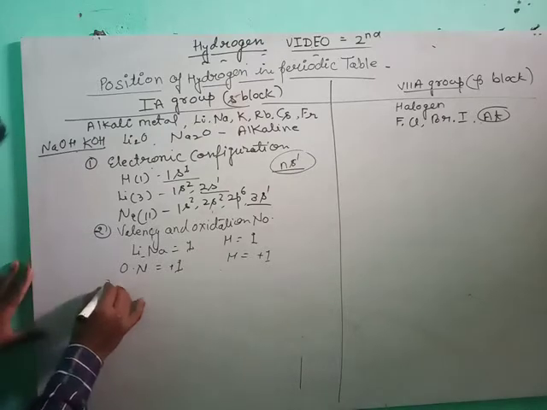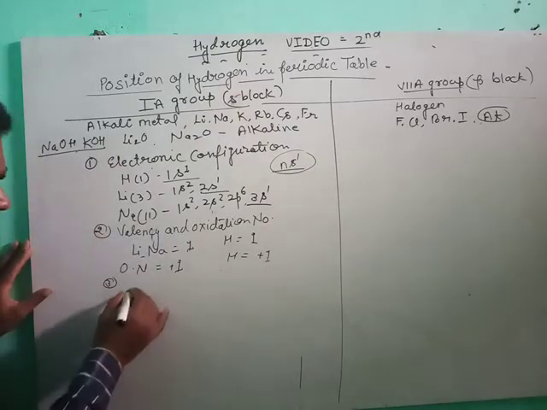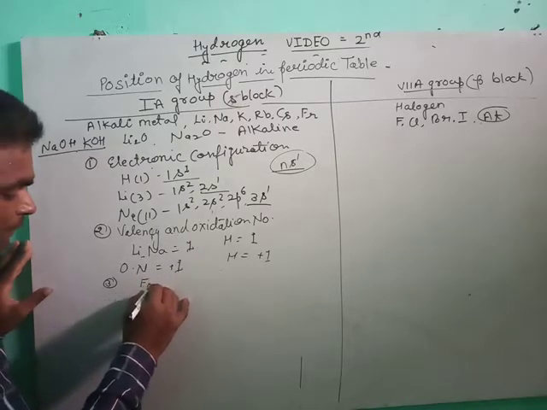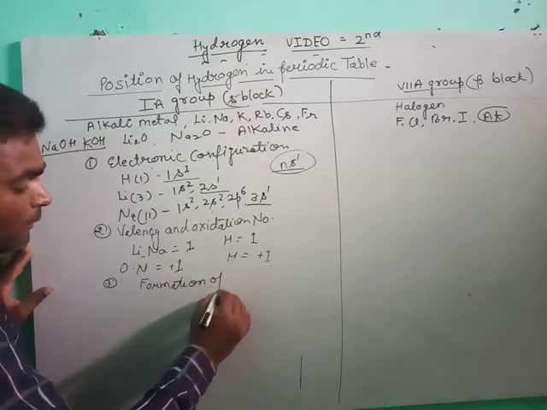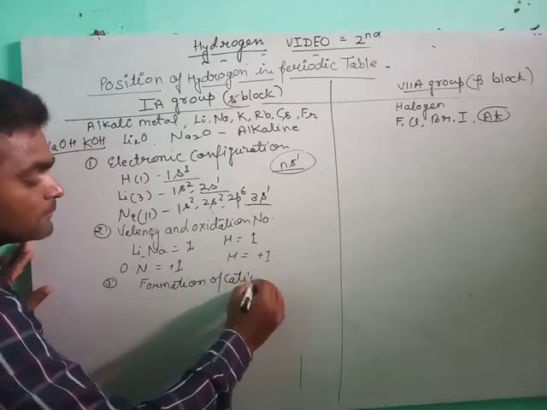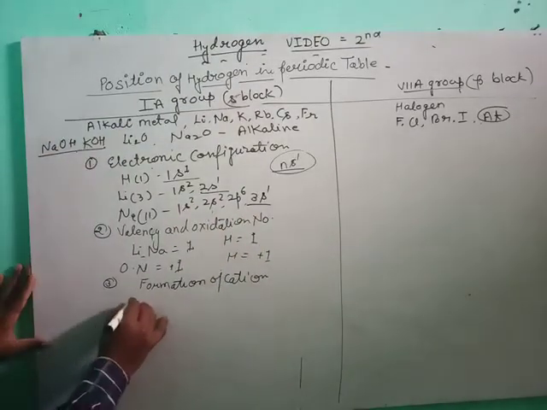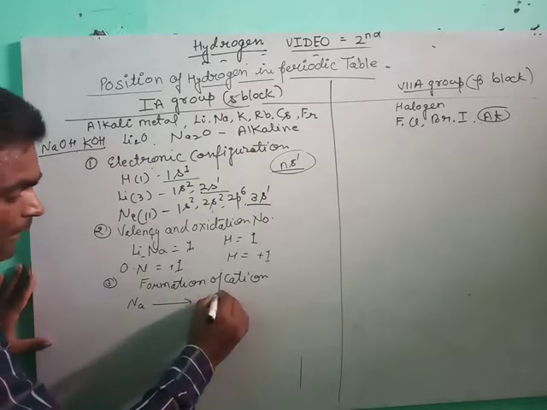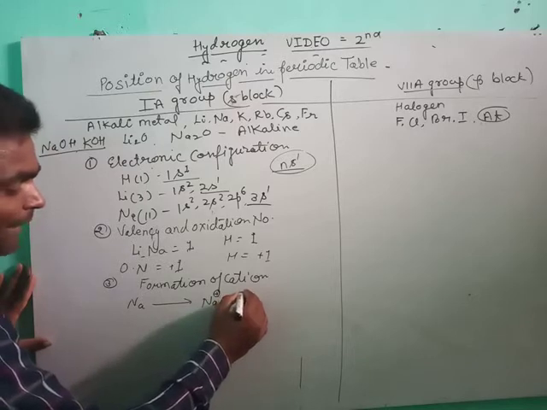And the third property of the element is the formation of cation. We know sodium removes an electron and forms a sodium ion.